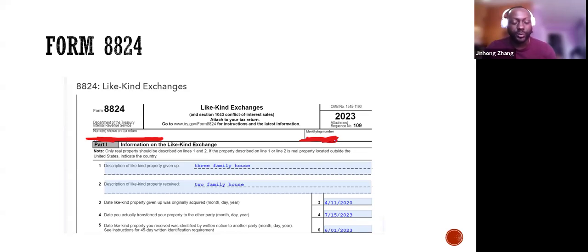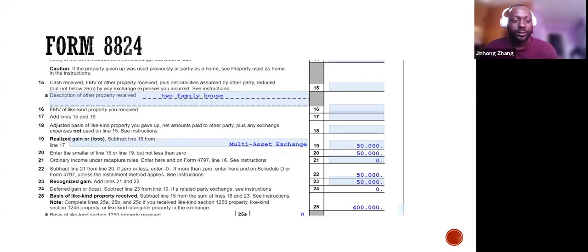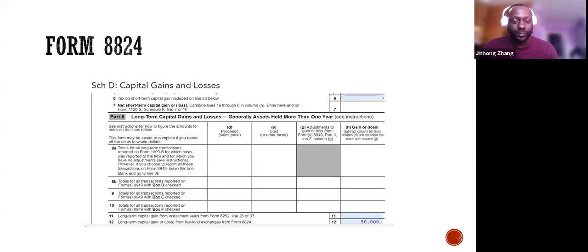So following all the rules that we talked about previously, this is the property shown here. And in the previous example, we have $50,000 of capital gains that will have to be realized in a partial exchange, and the remaining will be deferred and rolled over into the new property.